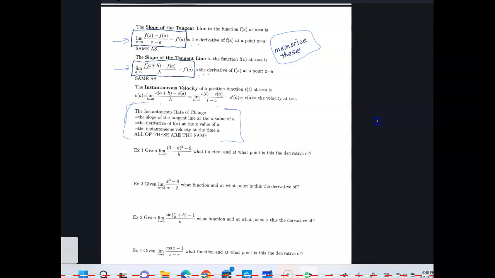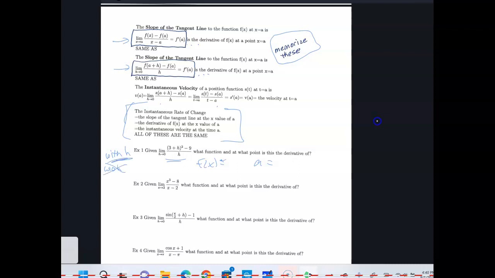Okay, let's play with the definitions. This is like a Jeopardy game. Here's the answer. What function am I using, and what's the point A that I'm using? First off, I would look to see, am I using with h or without h? I'm using with h, right?